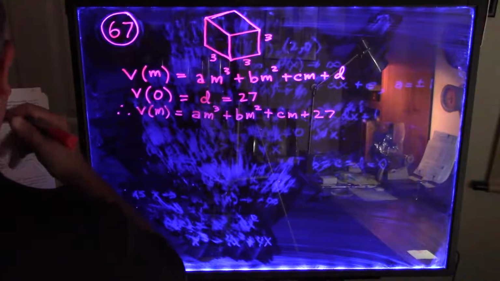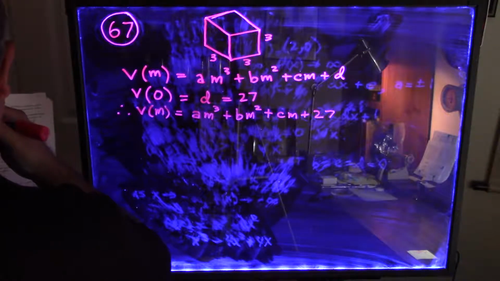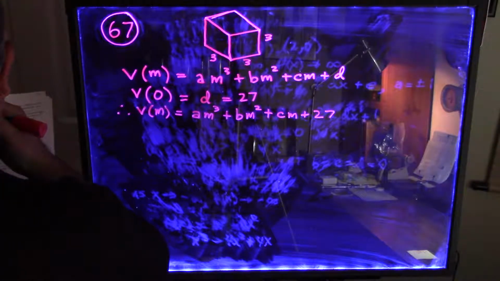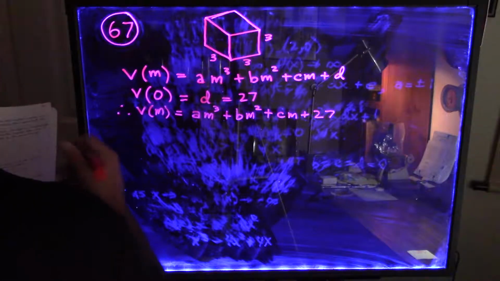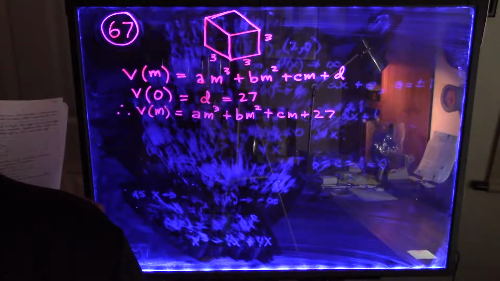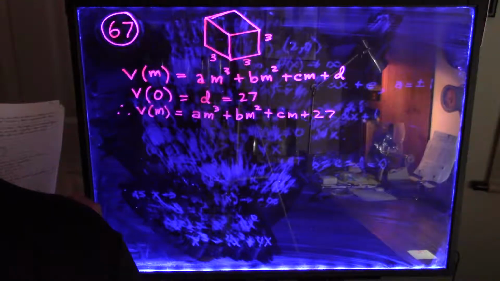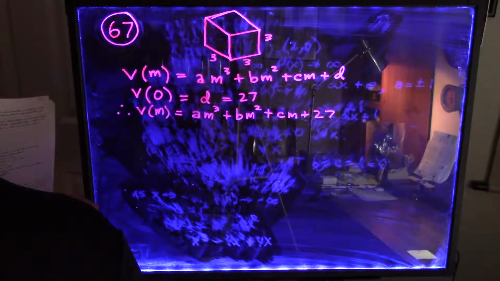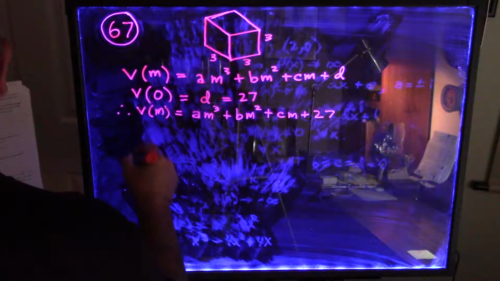Now, how do we handle the cube's growth? Well, we use the fact that the edges are increasing at the rate of 2 feet per minute. So make a table showing the cube's growth.